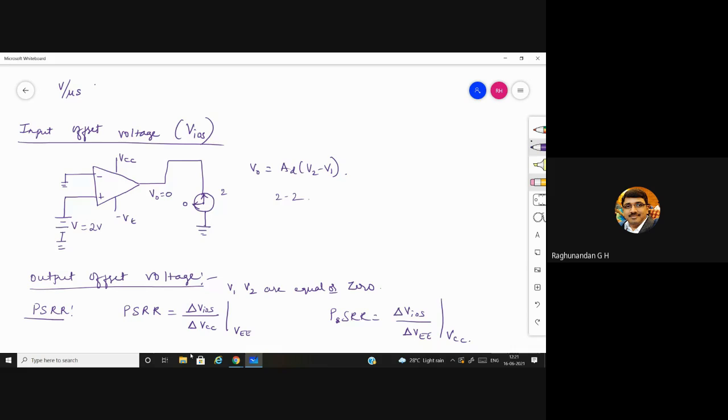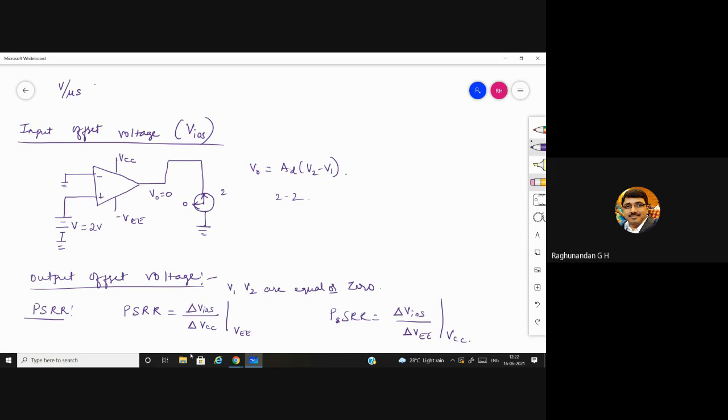VCC and VEE. Let us assume that there is fluctuation in VCC. VEE is constant, but still, if any one of the power supply connections is going to fluctuate, that is going to have its effect over the input offset voltage.